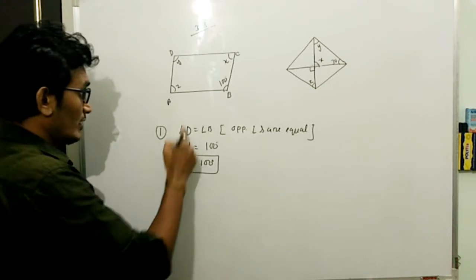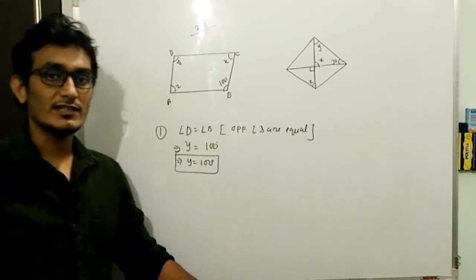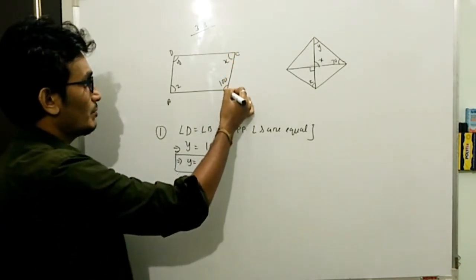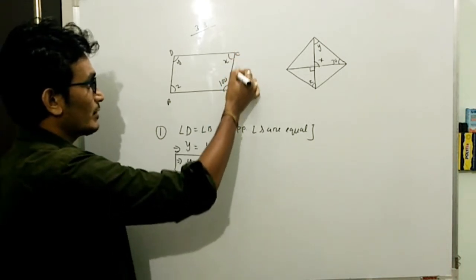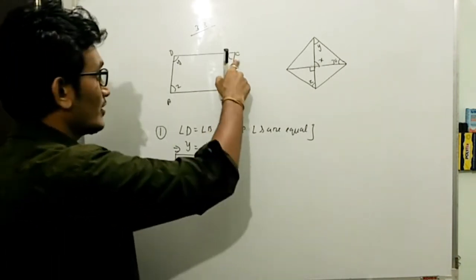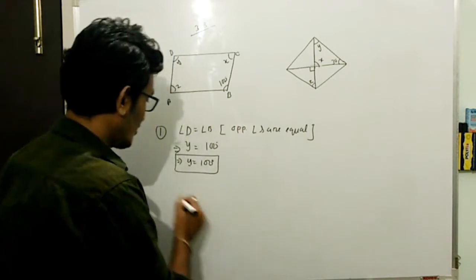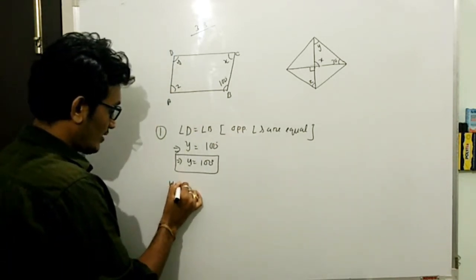Again, the third property of the parallelogram: adjacent angles are supplementary. Here X and 100, these two angles are adjacent angles because they have the common arm BC. So B and C are adjacent angles. According to the property, B and C should be supplementary.